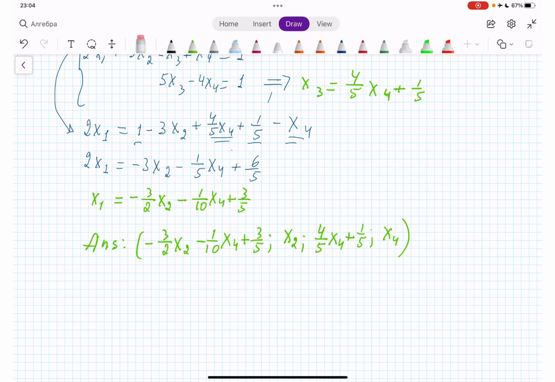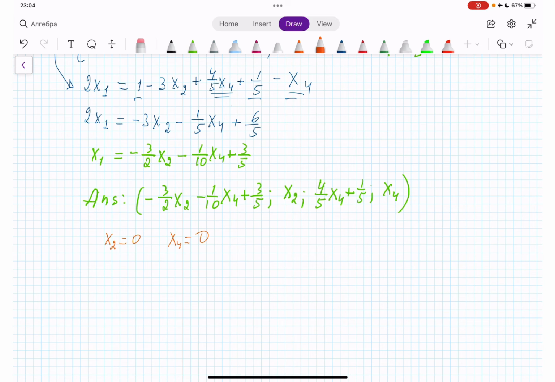So the values I'm going to take first are x2 and x4 equal to 0. I'm taking an easy case. If you are interested in taking more complicated cases, be my guest. So I'm taking first x2 equal to 0, x4 equal to 0.